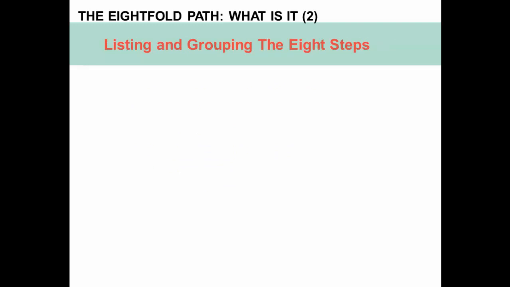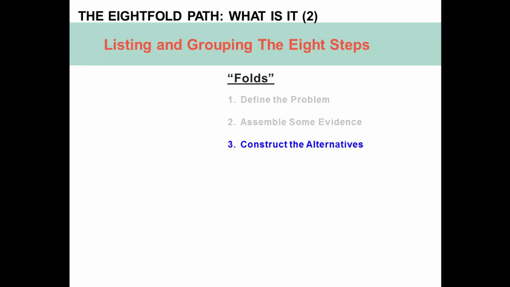Let's list and group these 8 steps. First, the list. Each is called conveniently a fold or a step. First, define the problem. Next, assemble some evidence. Third, construct the alternatives, and then select the criteria. Fifth, project the outcomes.